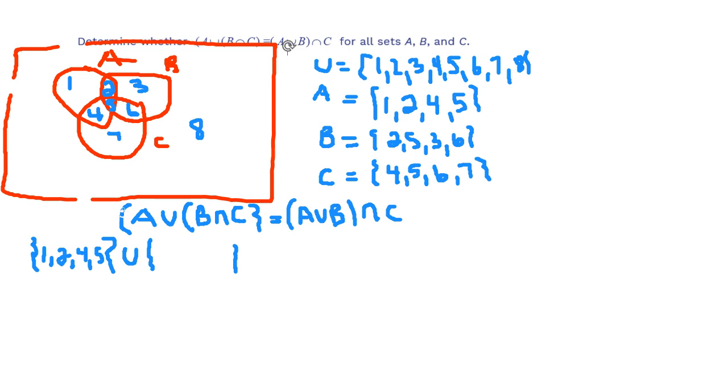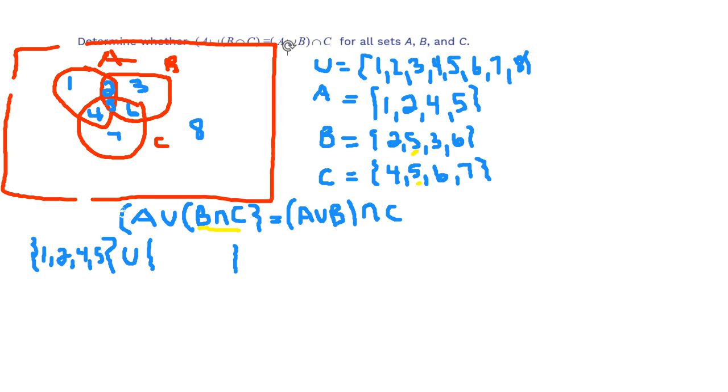What does that mean? Basically, what does B and C have in common? If we look at the circles, or you can look at the sets here, they have 5 in common. And is that our only number that they have in common?